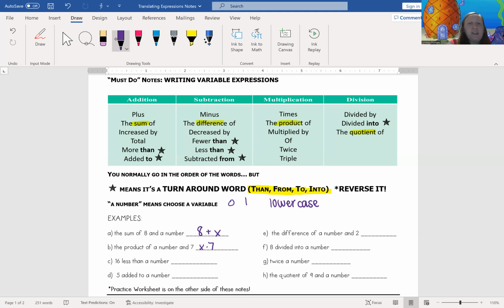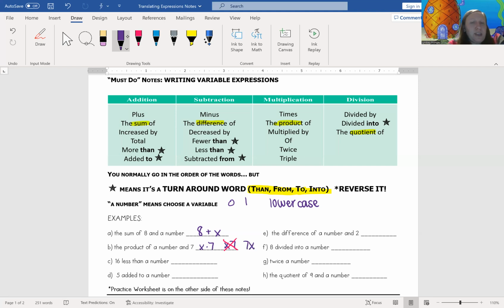What we cannot say is x7. That doesn't work. But whenever we have a number and a variable that we are multiplying, even though in this order it says a number and 7 and it's x times 7, the more algebraic way of writing that is to say 7x.